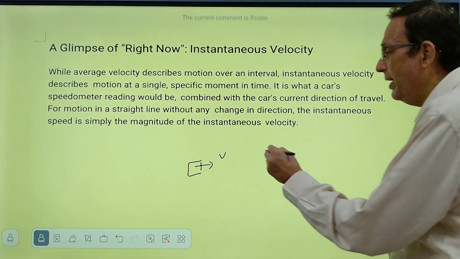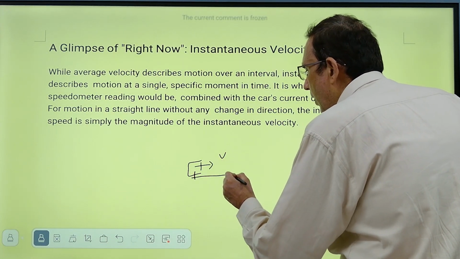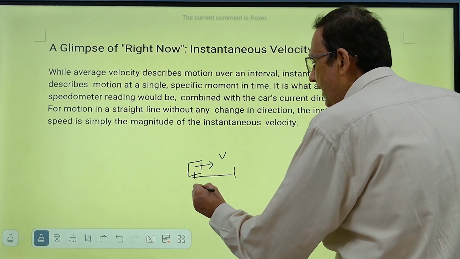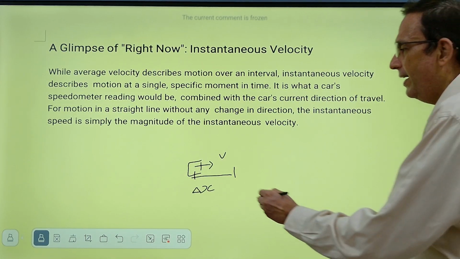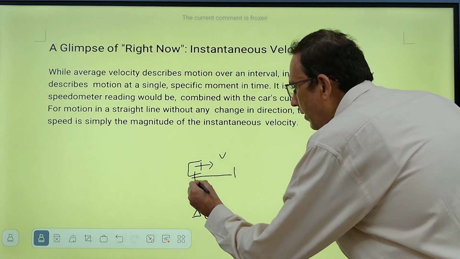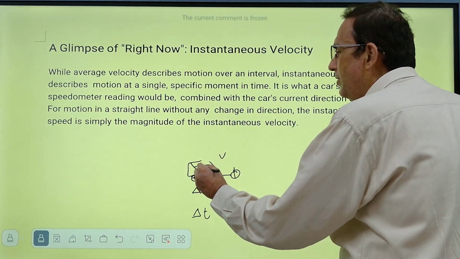It is covering a certain distance. So it goes from here to here. So it has covered a distance x, or delta x. The total displacement is delta x, and the time it has taken is delta t from this point to this point. So the object is moving from this point.